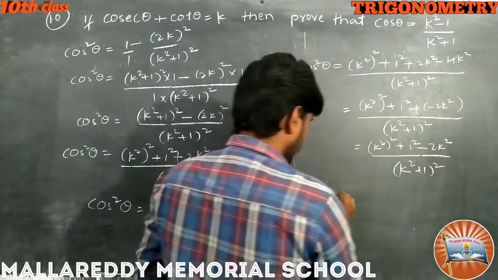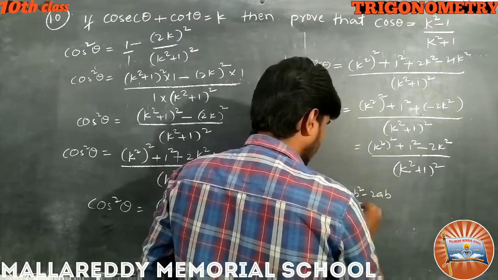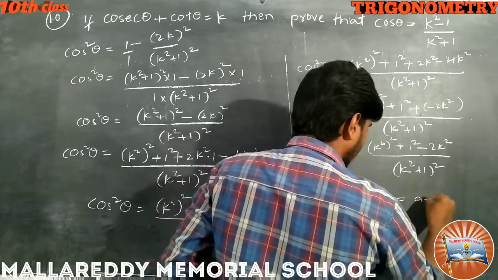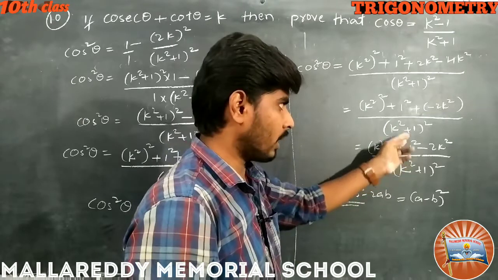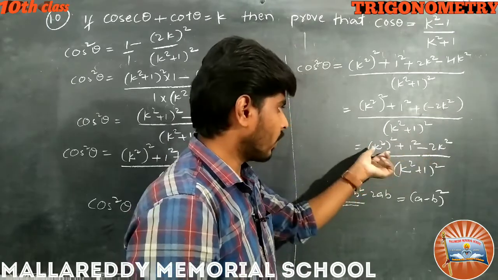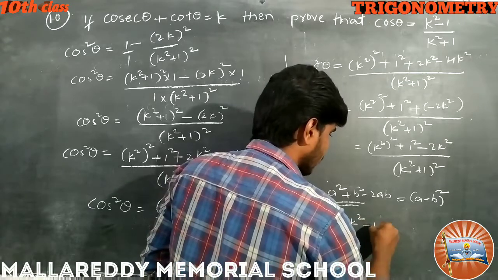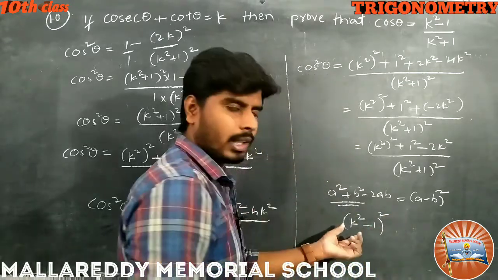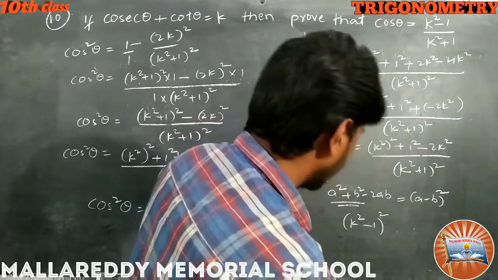For example, a square plus b square minus 2ab we are having. What can we write, ma? We can write a minus b whole square. Similarly, (k square) whole square plus 1 square minus 2k square, we can write this as (k square minus 1) whole square, isn't it? Can you write like this? We can write like this, ma. Do it in the rough work.